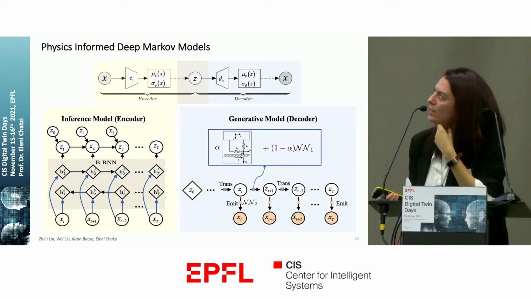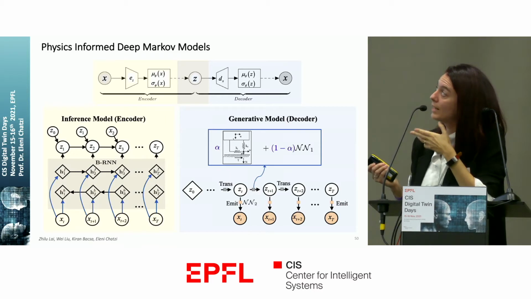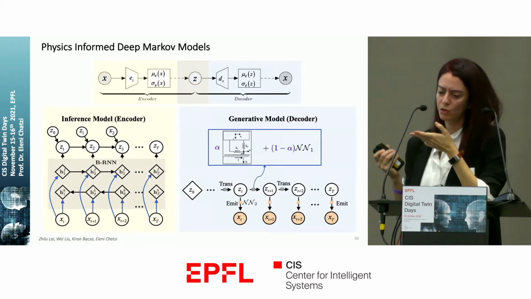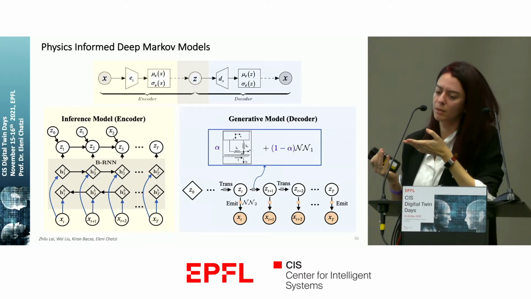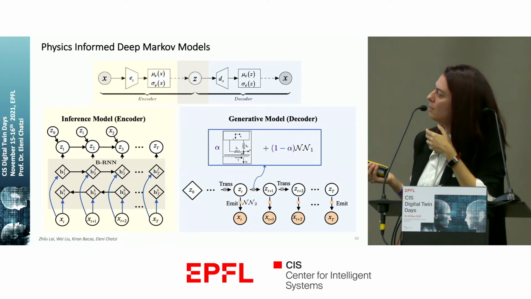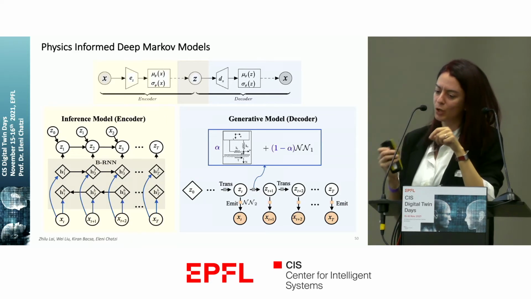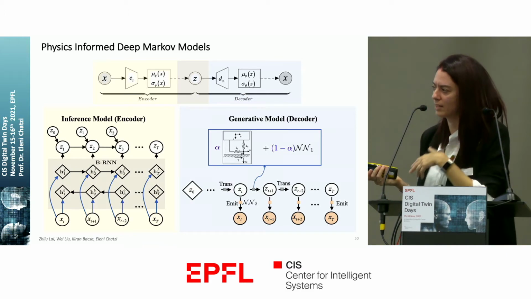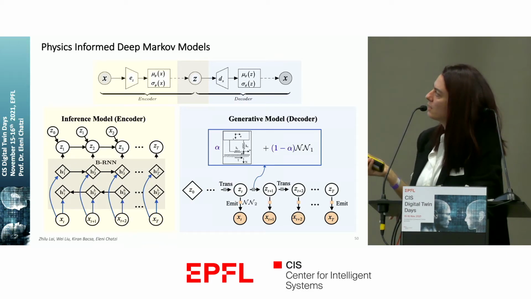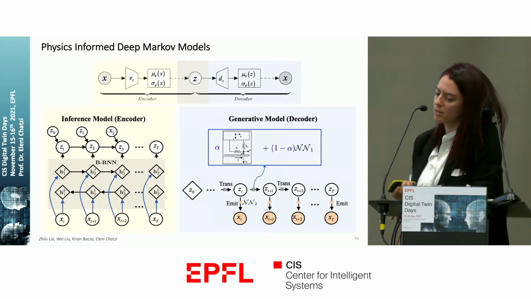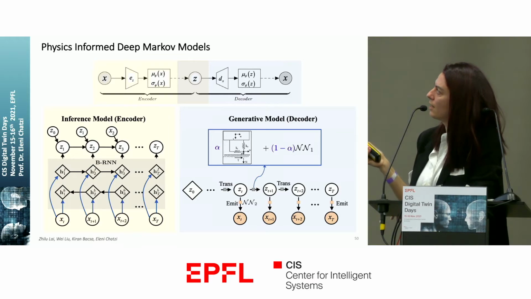Again, I won't be going into the details of this, but the way in which we propose doing this in our recent work is to interfere with the already established deep Markov modeling approach. This is not something we have constructed, it's something that we use, and we manipulate it by taking its original architecture, and in the transition phase, so in the phase where in the latent space we're looking for the dynamic model of evolution of that space, we try to force it to have an aspect that is physical, that is really following our reduced order models, and another aspect that is eventually allowed to be learned.